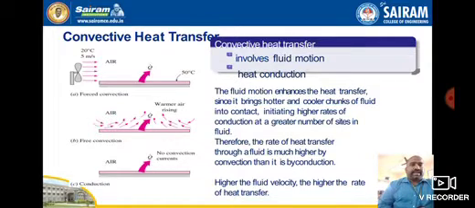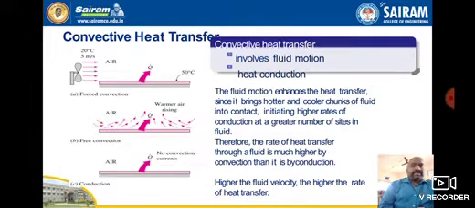Suppose you take a hot plate having a temperature of 50 degrees centigrade and exposed to the atmosphere. There is no external agency or source you are providing, so it will cool the plate naturally. Such a convection without any external agency we call natural convection or free convection.